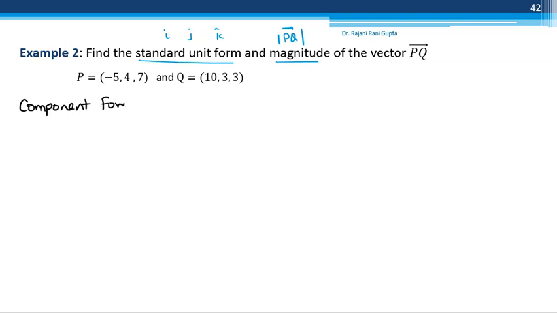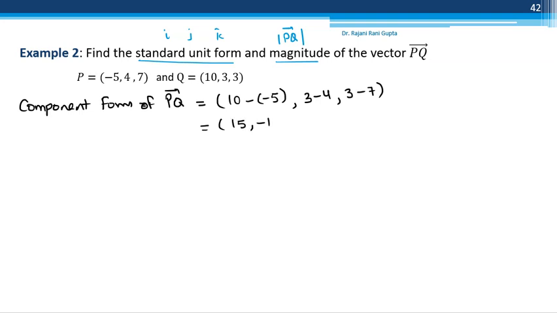And in that case, you will always avoid mistake. Okay. Component form of PQ. So P is the initial point, Q is the terminal point. So what you will get? 10 minus of minus 5, 3 minus 4, 3 minus 7. So what you get? 10 plus 5, which is 15, minus 1 and minus 4.